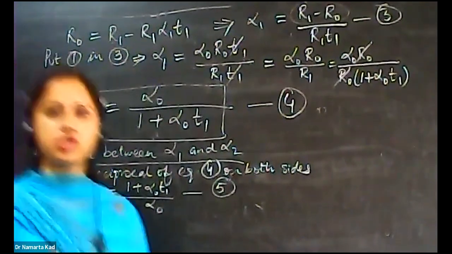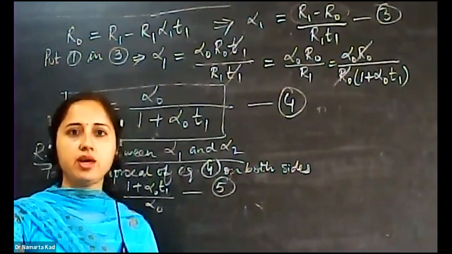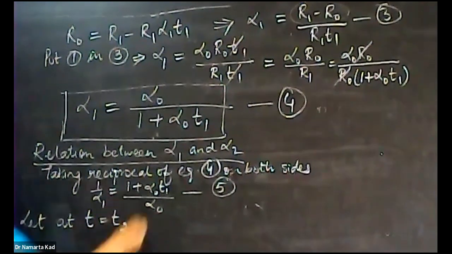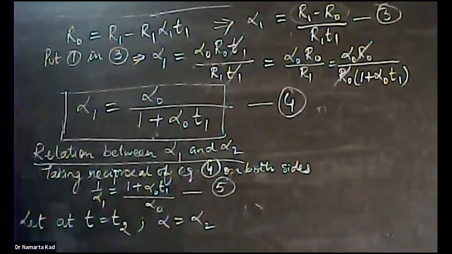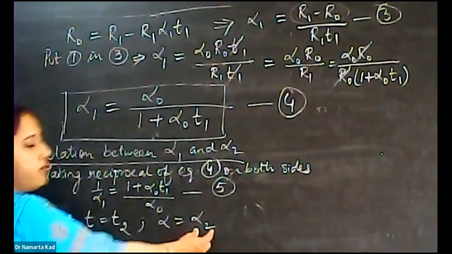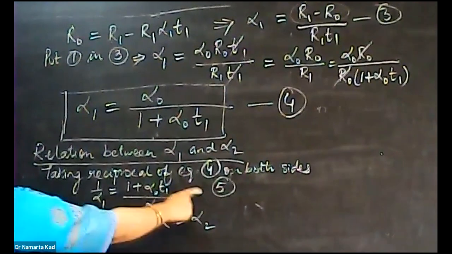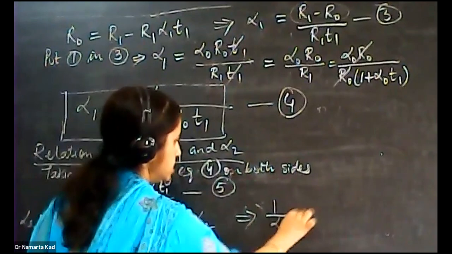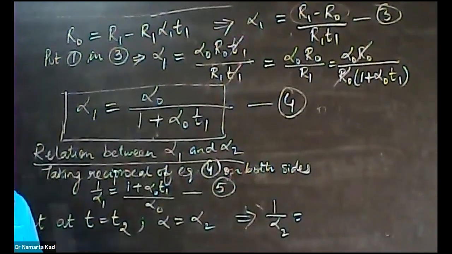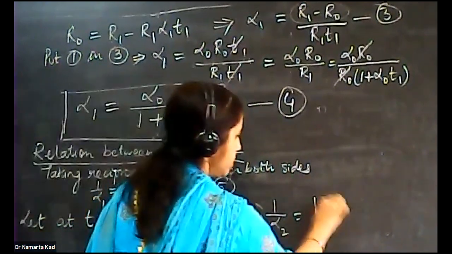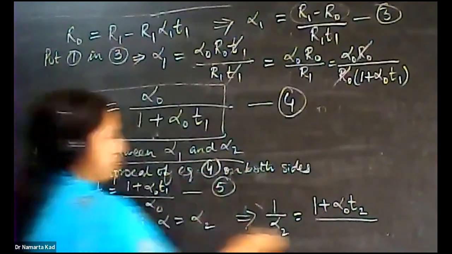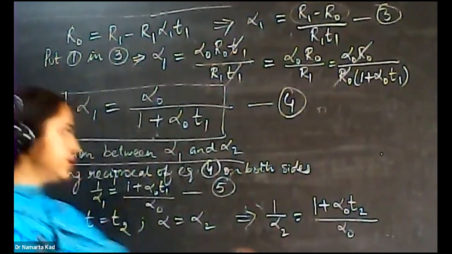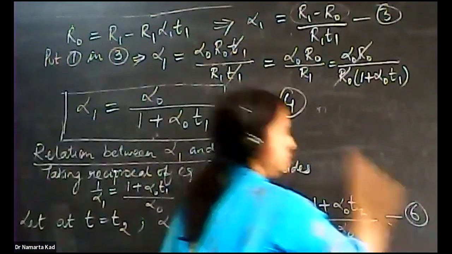Let us suppose there is any other temperature T2 at which alpha is alpha 2. So let at T equals T2, alpha equals alpha 2. There is some temperature T2 at which we are symbolizing the temperature coefficient of resistance with alpha 2. So for this condition equation number 5 can be written as 1 by alpha 2 is equals to 1 plus alpha naught T2 divided by alpha naught. The same formula we have written in the form of alpha 2 and T2. Okay, so mark this as equation number 6.